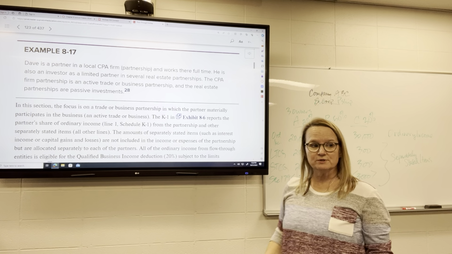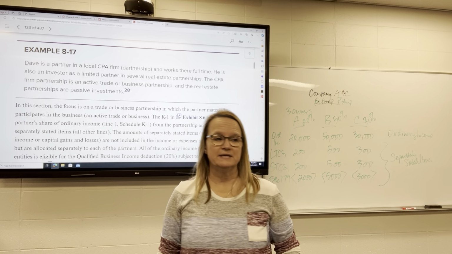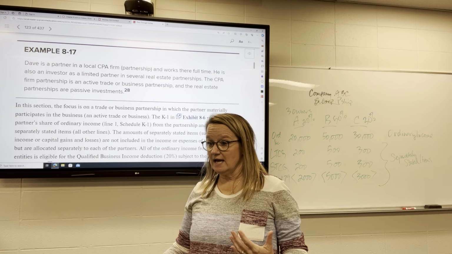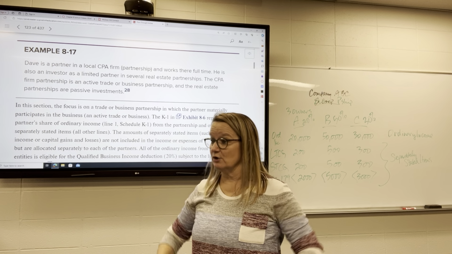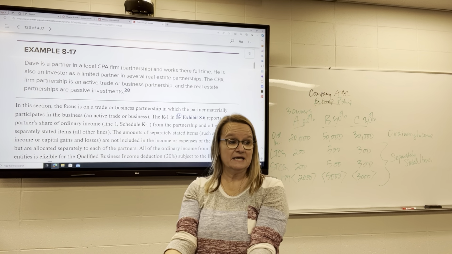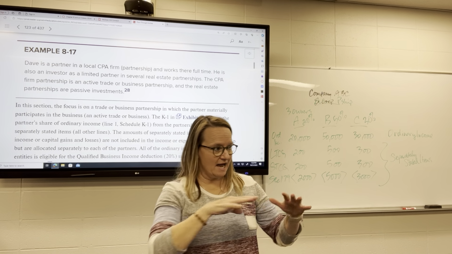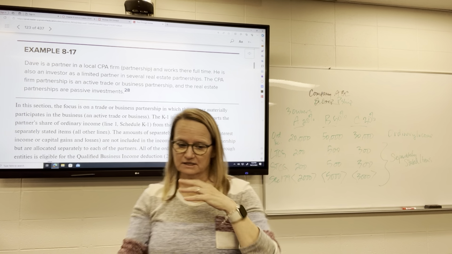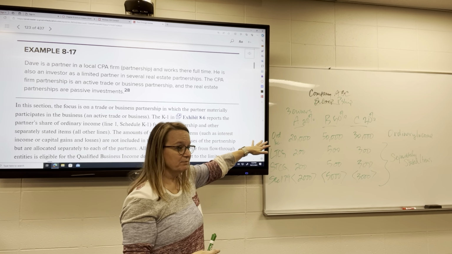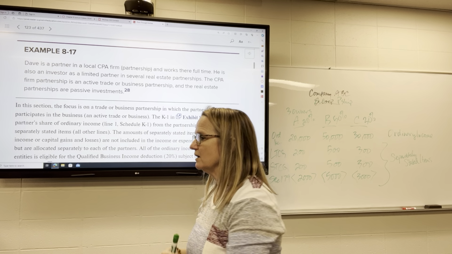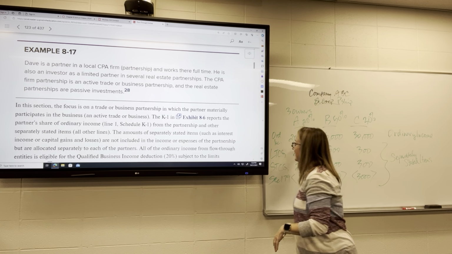Okay, so the distributions could be from income, they could be a return of capital, like they originally invested that money and they're just getting it back. So in the life cycle of the partnership, internally, they keep track of each partner's basis.